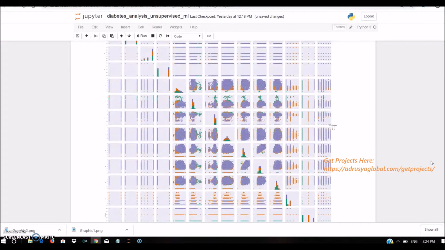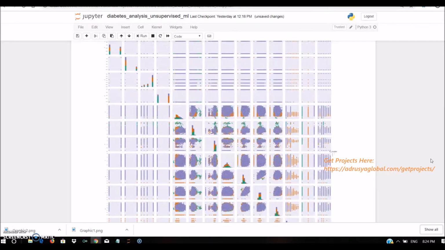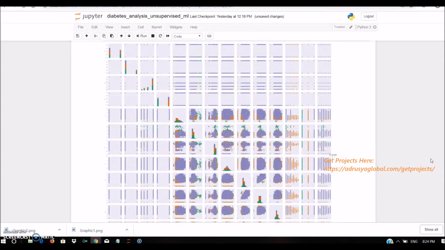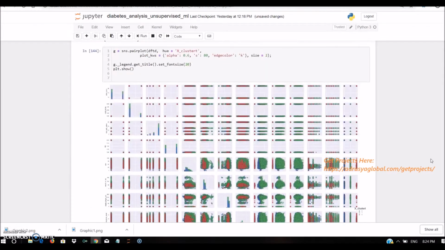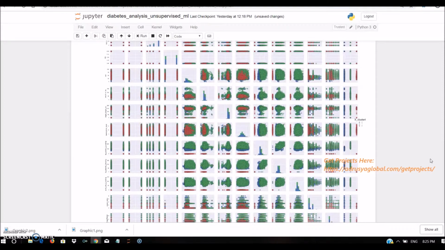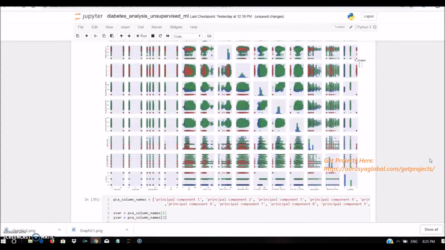What we noticed is that the projection of the k-means clusters with PCA was not much different from without the principal component analysis. So there was not much variation in our clusters, but we can still use PCA because once the dimensions are reduced, the k-means processing time is very much reduced.